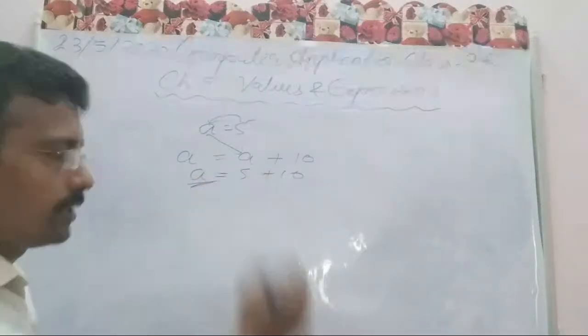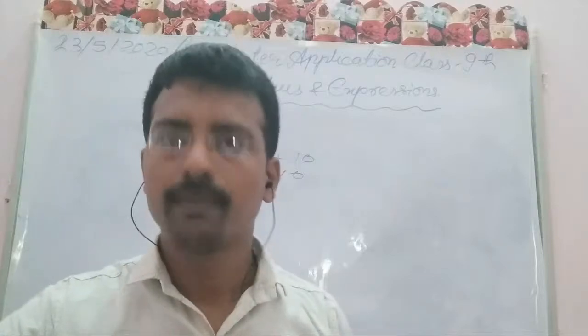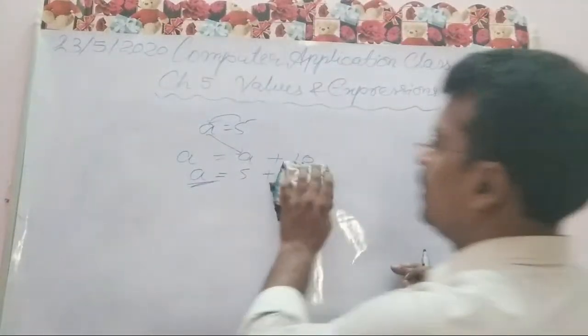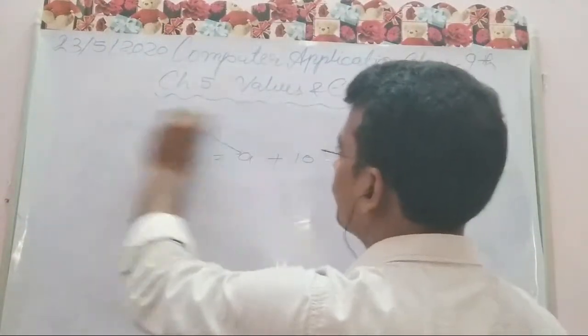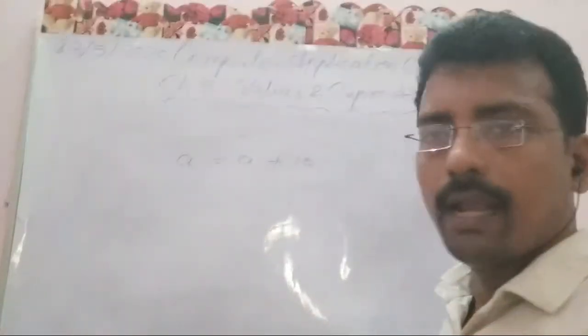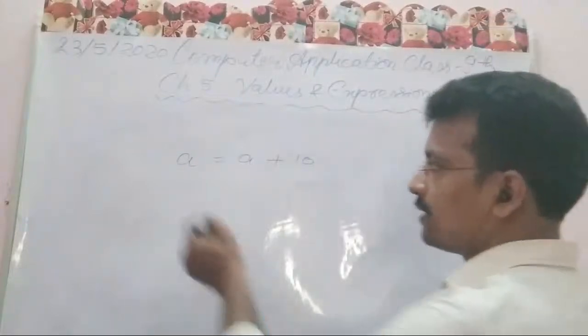So A is now with the new value. But we do not have to focus on the new value. I want to show you the format, which format we are using. See, A equal to A plus 10. Can we write this way also?